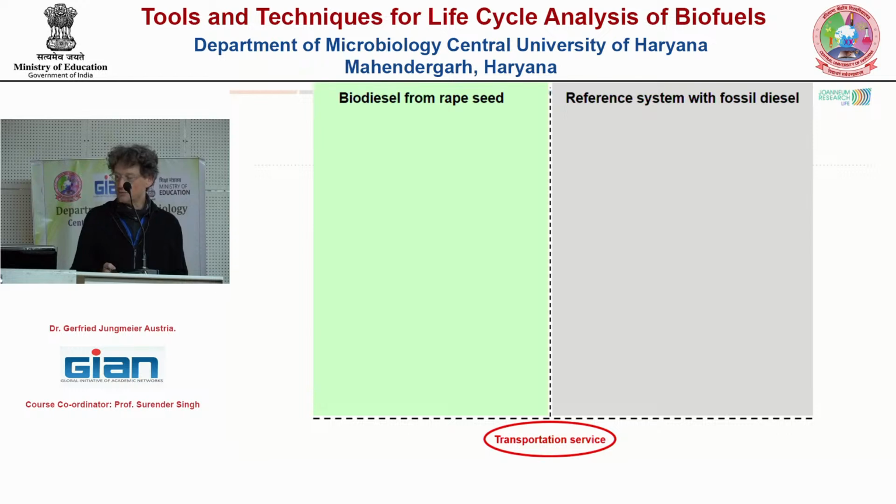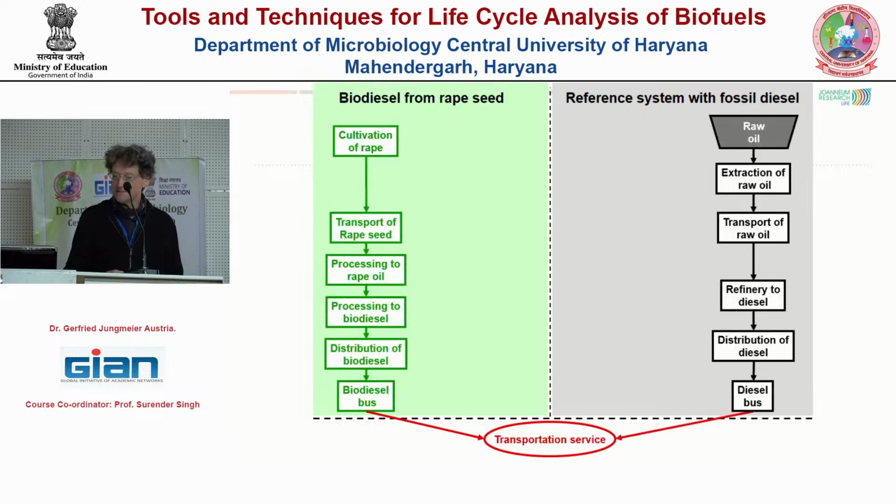A more complex one is biodiesel from rapeseed. Compare it with fossil diesel. Still, it's a similar picture again. You have here the cultivation of rape, the transport, the processing of the rape to rape oil first, and from rape oil to biodiesel, distribution of biodiesel. Here we have a biodiesel bus, and you compare it with a conventional diesel bus.